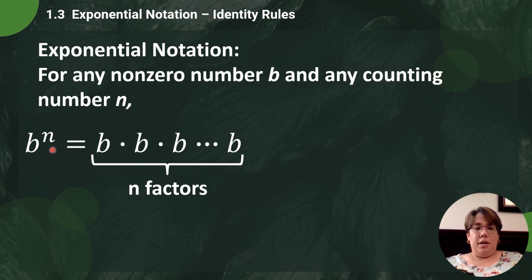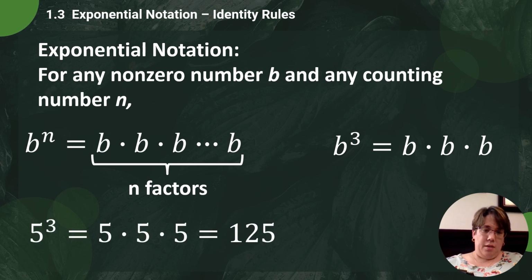N is our exponent, and that n represents the number of factors of b. So b cubed tells us that we're going to have 3 factors of b. Similarly, if you had 5 as your base to the third power, then you would have 5 times 5 times 5, which can be simplified to 125.